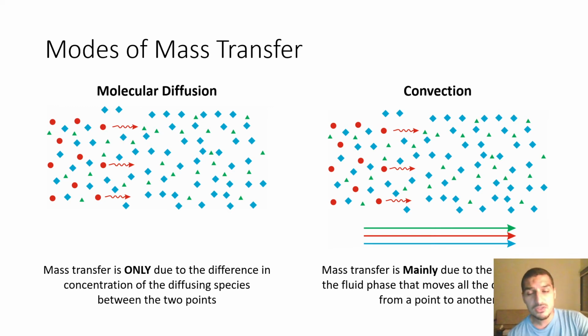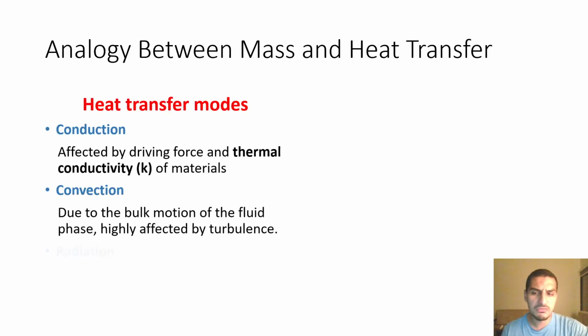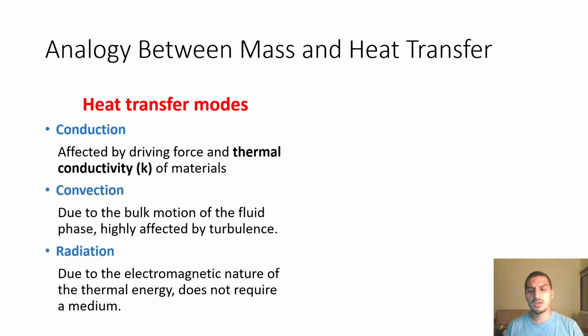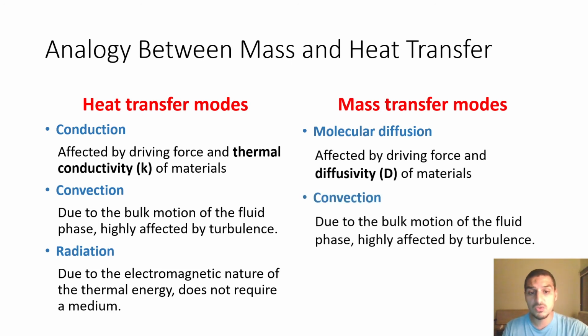If we compare these two modes with what we know about heat transfer, we will see very similar modes. In heat transfer, there are three modes: conduction, convection, and radiation. Conduction is almost the corresponding mode to molecular diffusion.